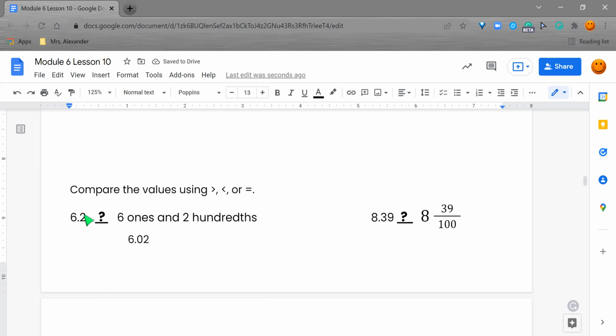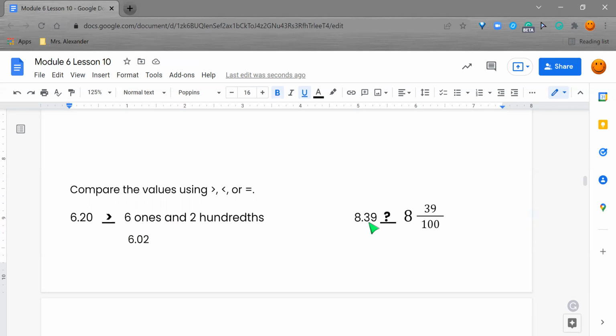So which one's bigger? And because of that, I need to make sure that the first one, 6 and 2 tenths, is in hundredths. So I'm going to add a 0. So we have 6 and 20 hundredths versus 6 and 2 hundredths. So I'm going to go ahead and show that the 6 and 2 tenths is greater than 6 and 2 hundredths.